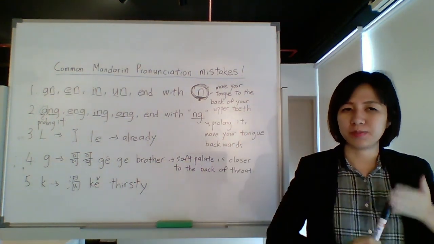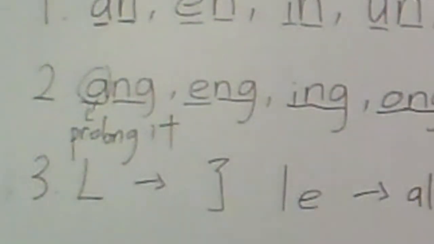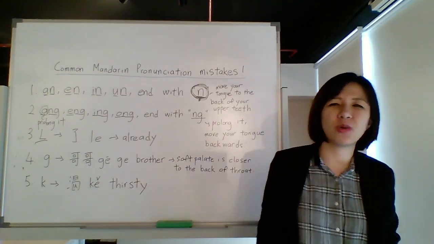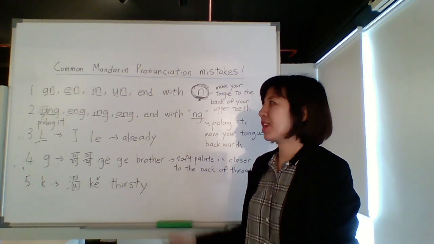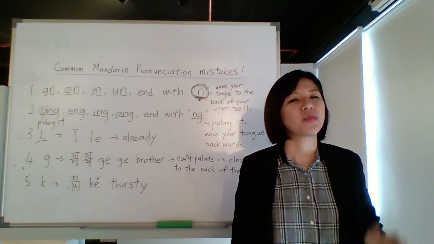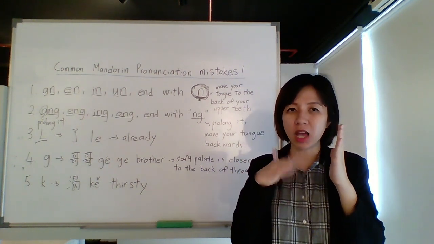The third common pronunciation mistake we usually make is this one. Ayo, you say teacher, why does everything seem so difficult, or this one is easier for you. This is your upper front teeth, this is your lower front teeth, and this is your tongue.